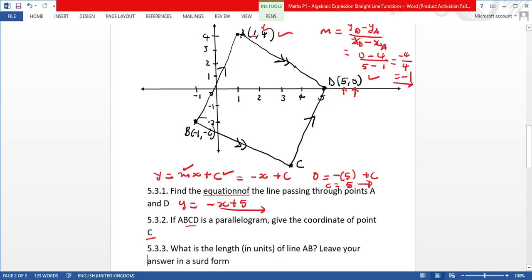Okay, we know between point A and point D, the distance between them is 4. Let me show you why I am saying so. The x-coordinate of A is 1, and the x-coordinate of D is 5. So the distance between 1 and 5 is 4.